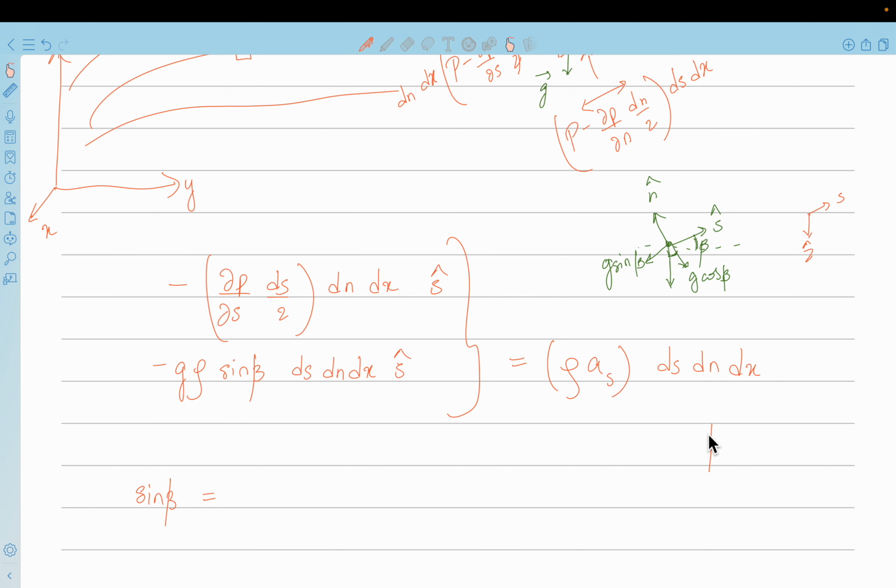This was your g, this is the s cap, and this is your n cap, and this is nothing but z cap, right? So this was beta. Any change ds and any change dz and any change dn are going to define this beta angle. So I can write sin beta is nothing but dou z by dou s. Similarly, you can also define cos beta. Is this part clear?